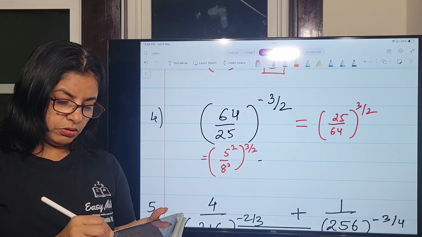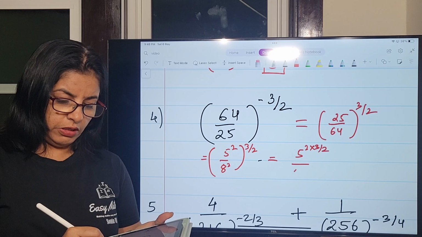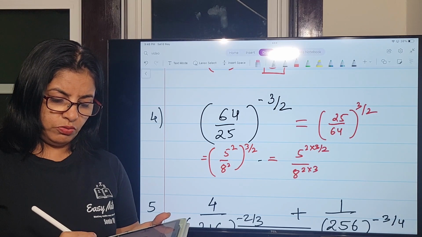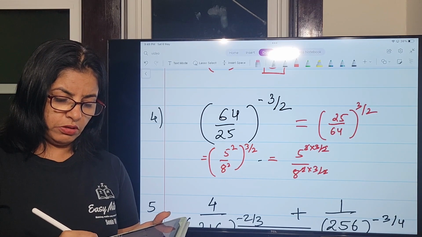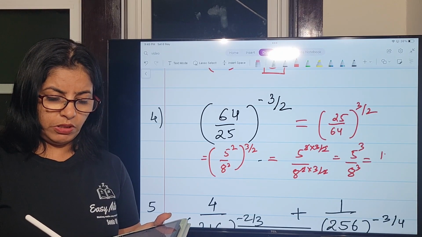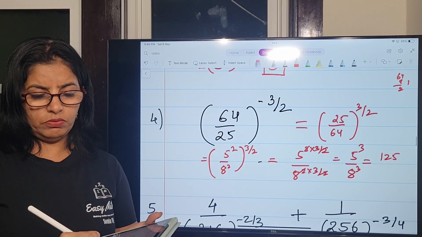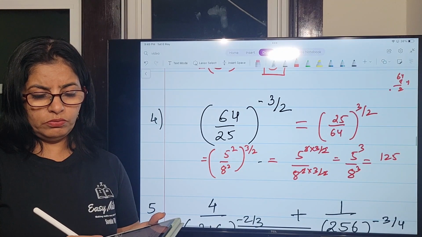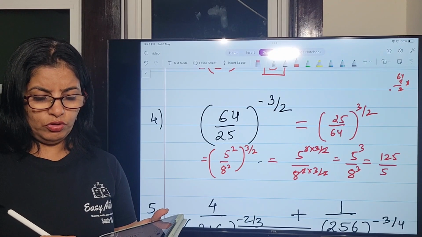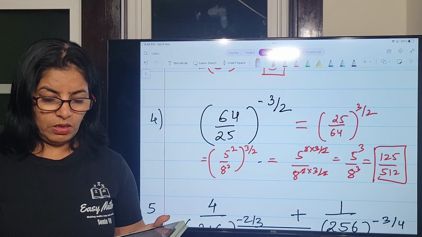Apply the laws. 5 to the power 2 into 3 by 2, 8 to the power 2 into 3 by 2. Solving this, you get 5 cube upon 8 cube. This is 125 and 64 into 8 is 512. So this is your answer. I hope this is clear.